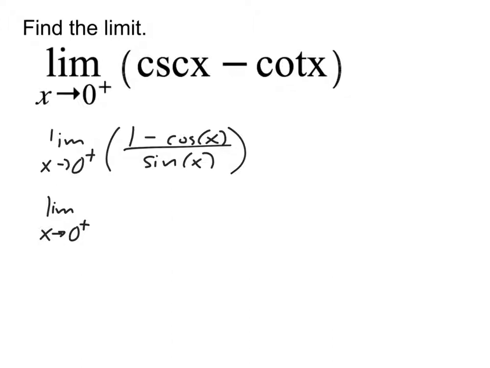So I'm taking that derivative on the top. Of course, the derivative of 1 is 0, so that goes away. So that's the derivative of negative cosine of x, and derivative of cosine is negative sine. So it's like the top is a negative sine. So we'll just call that sine of x. And then on the bottom we do the derivative of sine, which is just cosine of x.